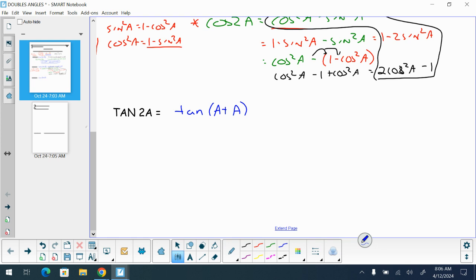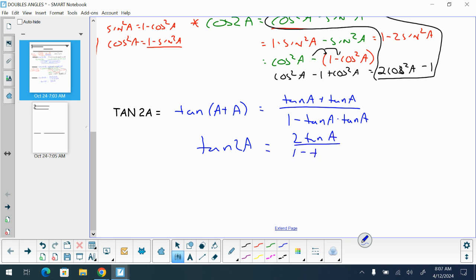Now we'll get your tangent of 2A. Tangent A plus tangent A. Brianna, what do you come up with? 2 tan A and then 1 minus tan squared A. We have 2 tangent A on top, and tangent A plus tangent A gives us 2 tangent A. Tangent A times tangent A gives us tangent squared A.